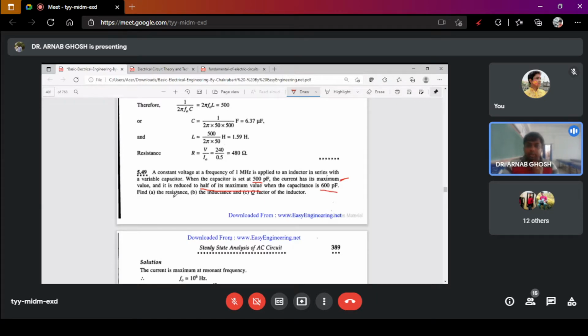So you have to calculate the resistance, the inductance, and the Q factor of the inductor, right?